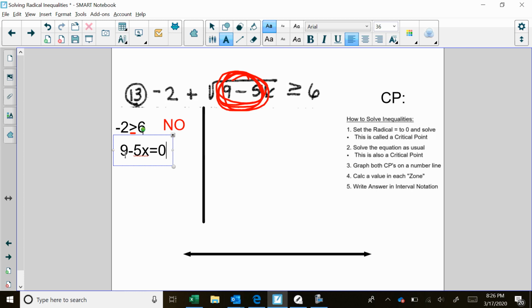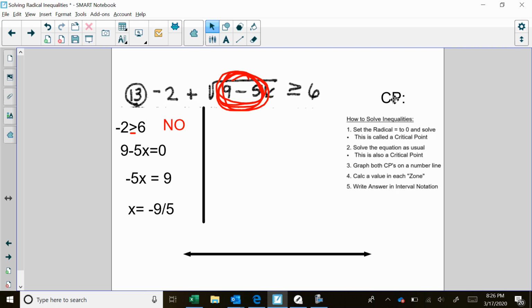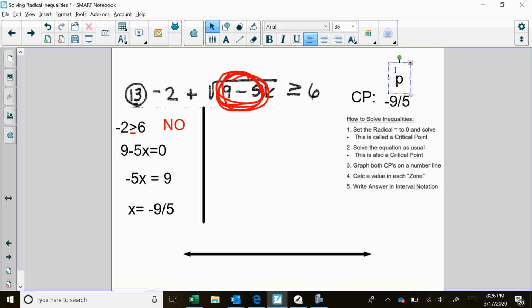So let's see. We'll add 9. Negative 5x equals 9. Divide, x equals negative 9/5. So this is the parentheses for this critical point, negative 9/5.